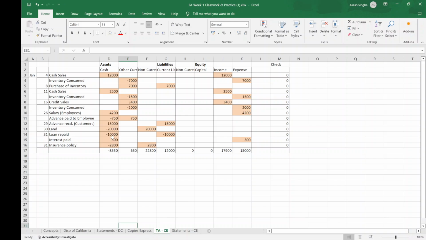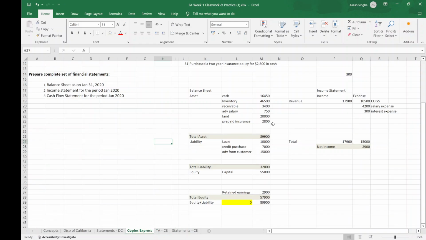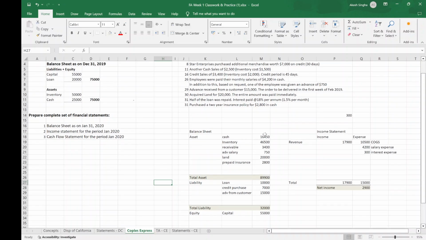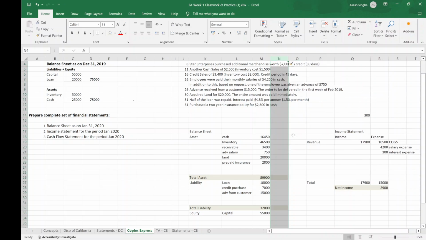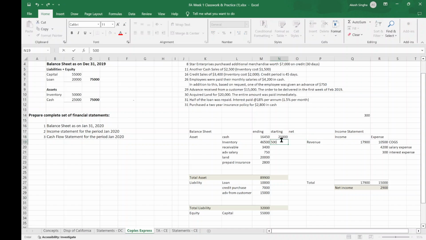Net cash flow is 8550. How can we find that? Take last year's cash. The starting cash was 25,000, and inventory was 50,000.